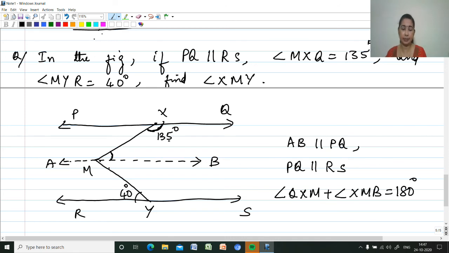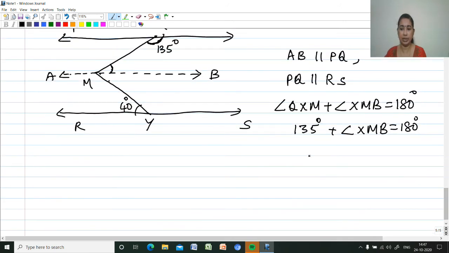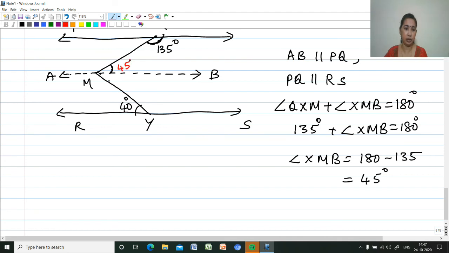And QXM is 135 degrees, so angle XMB is equal to 180 minus 135, that is equal to 45 degrees. So this angle we got as 45.